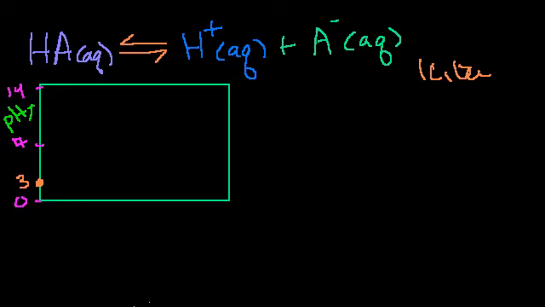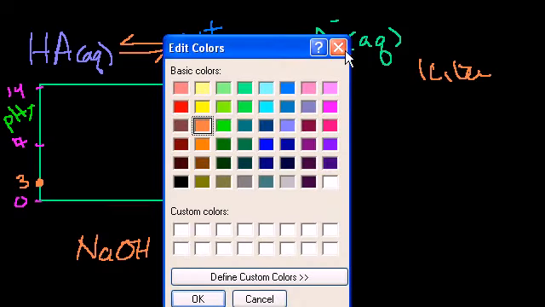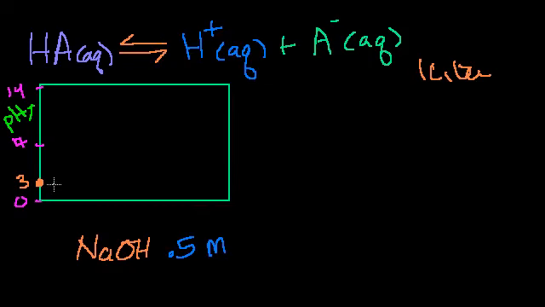So we're going to use, let's use sodium hydroxide again. So NaOH. And just to make the math a little interesting, let's say it's a 0.5 molar solution. And we're going to add it in increments of, we could add it in little 100 milliliter increments, 1/10 of a liter. But the interesting thing is really the shape of the curve that forms, or the titration curve, or the pH curve.